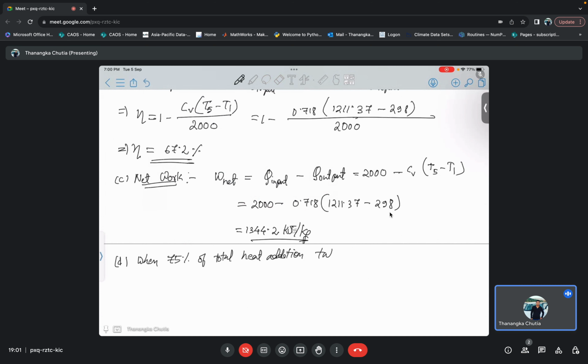So 0.75 into 2000 gives you 1500 kilojoule per kg.